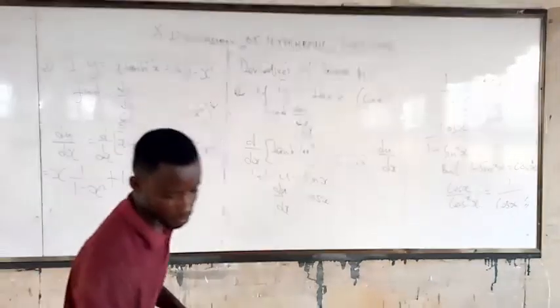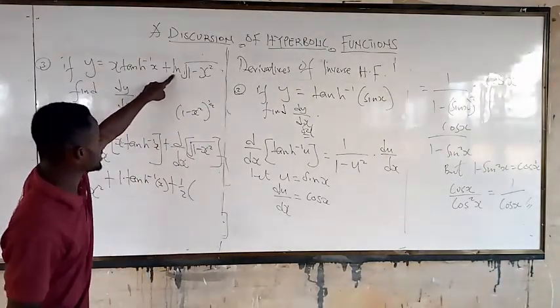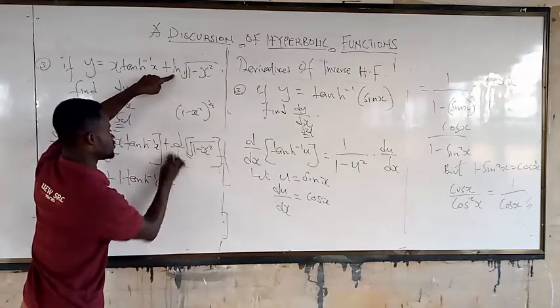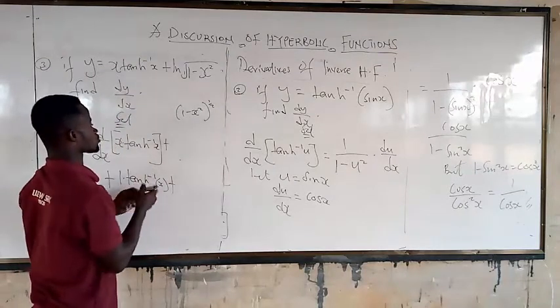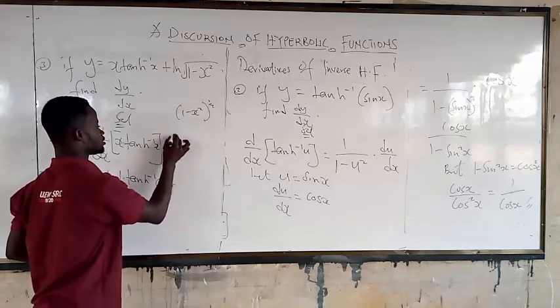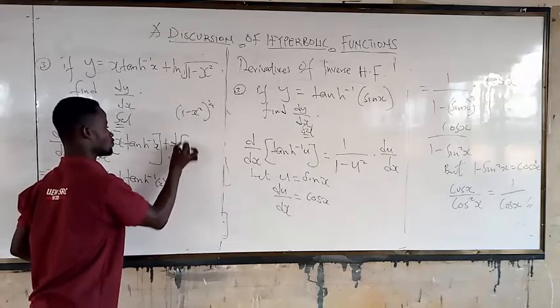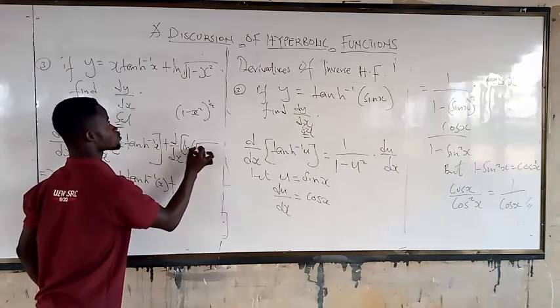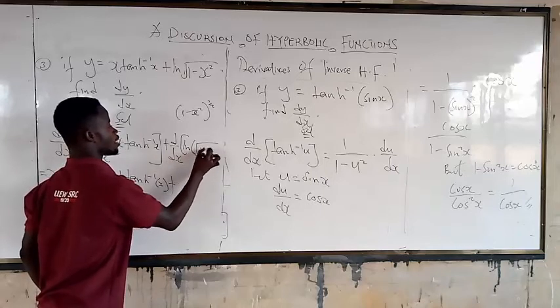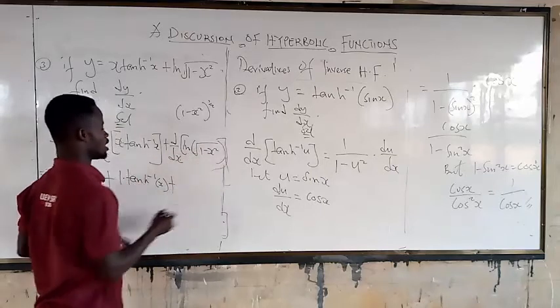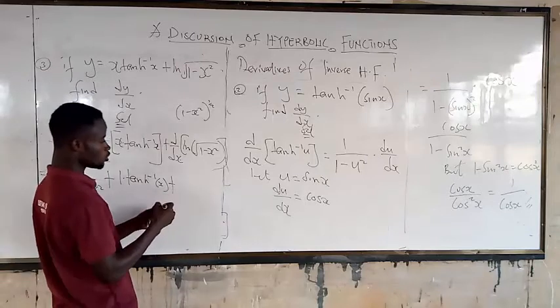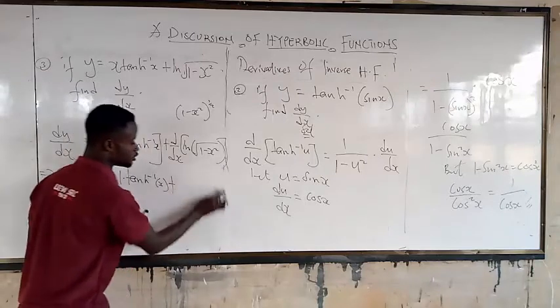Oh, sorry. I forgot to bring the limit. And it's very, very important. So here we get d/dx of ln of the square root of 1 minus x squared. Since we have the ln there, you know your calculus 1.